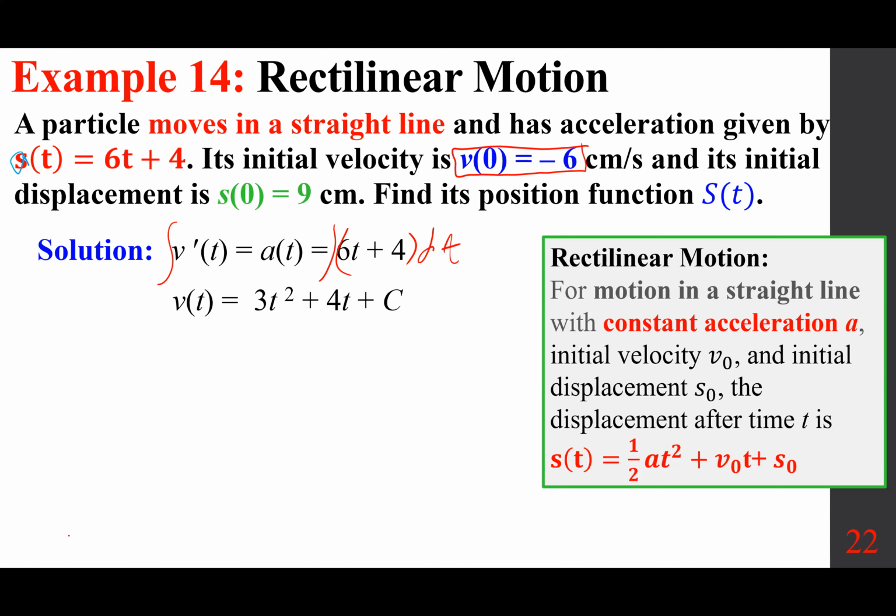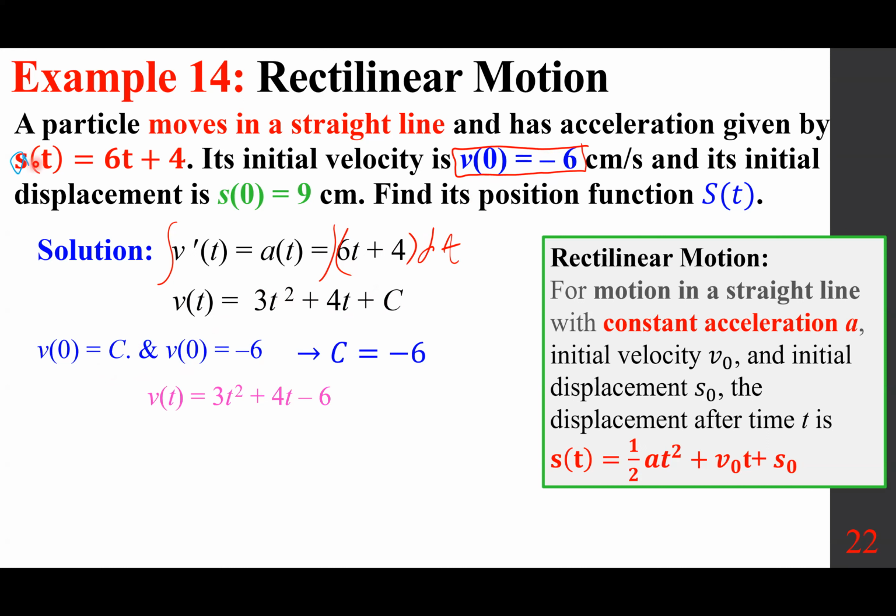So if you plug in 0 here, everything goes to 0. So v of 0 becomes c. On the other hand, v of 0 is negative 6, so c must be that. And so v of t, I can replace the c, and that's the velocity function.